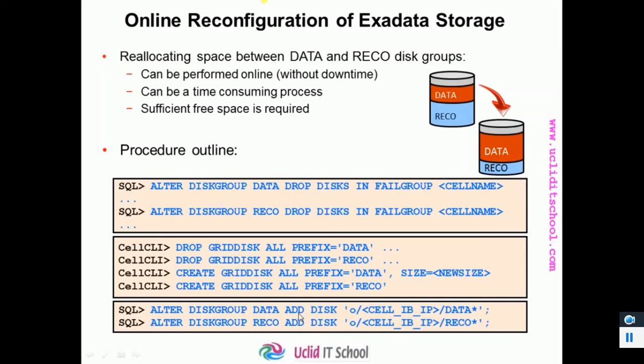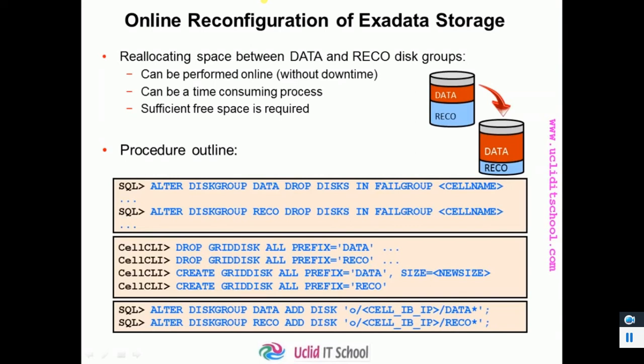So what you are doing, you are taking the grid disks ultimately belonging to that cell, dropping the grid disks belonging to that cell from the disk group. Then you are recreating these grid disks with a new size. Then again adding them back to the disk group.